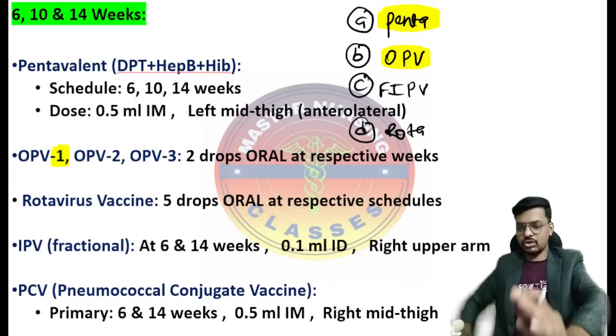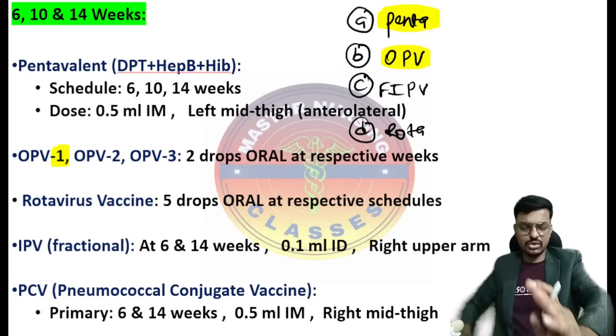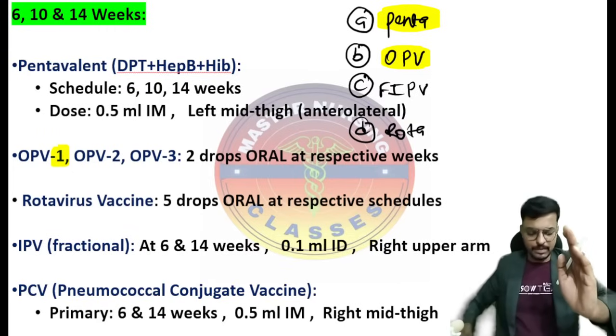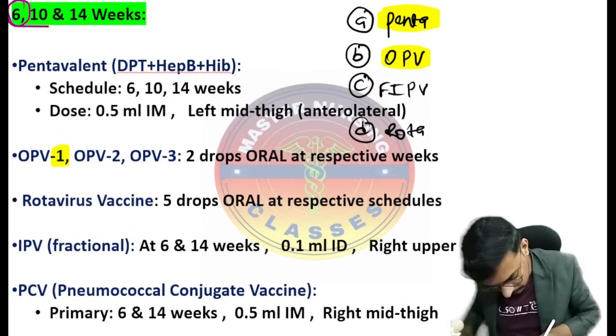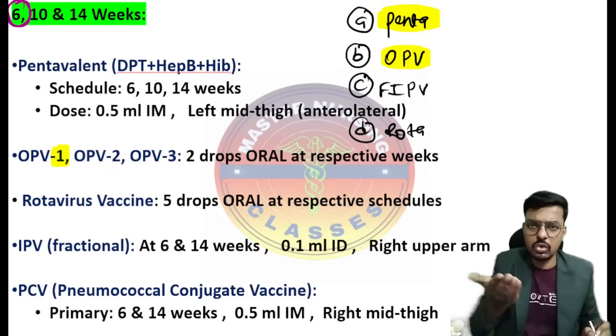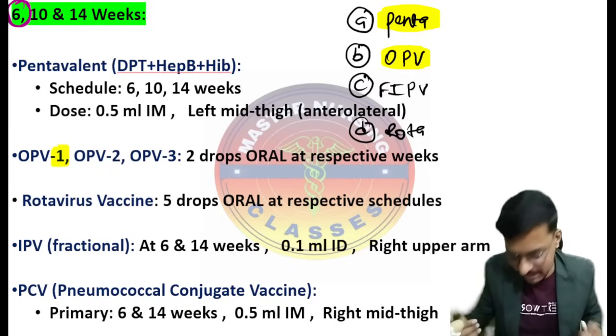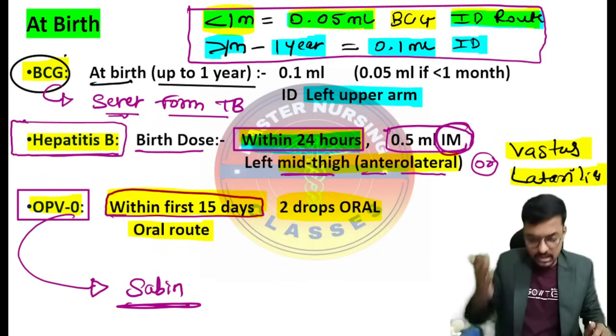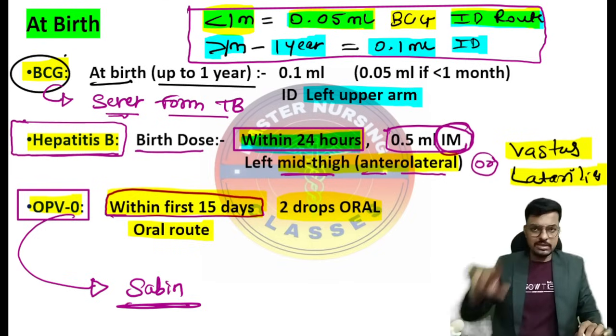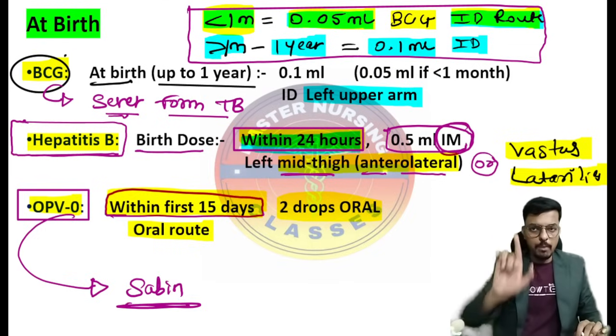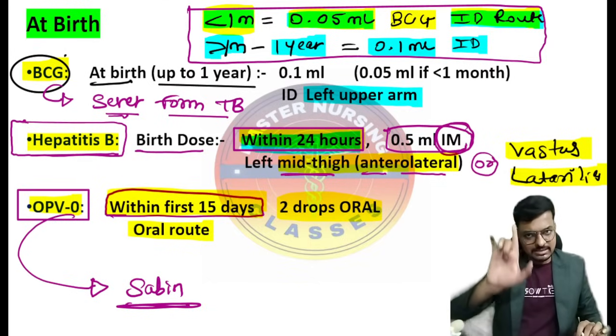They are asking where we will give the first dose of the OPV. We will give the first dose of the OPV at the 6th week of life. Sir, just now you told us we give OPV at birth. Beta, that is the OPV 0 dose, it is not the first dose. The OPV 0 dose will be given at birth. OPV first dose will be given at the 6th week.